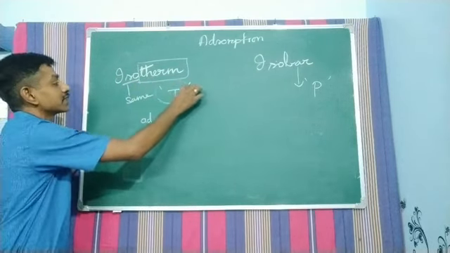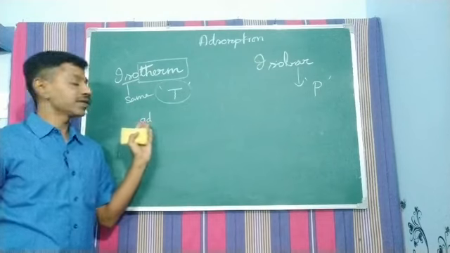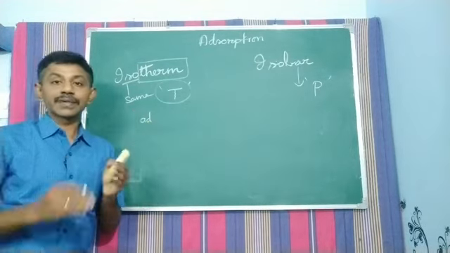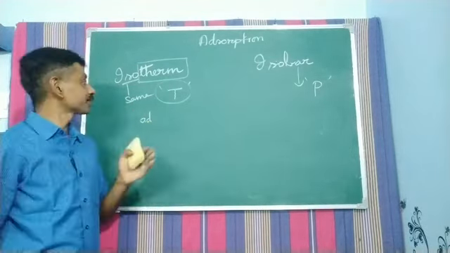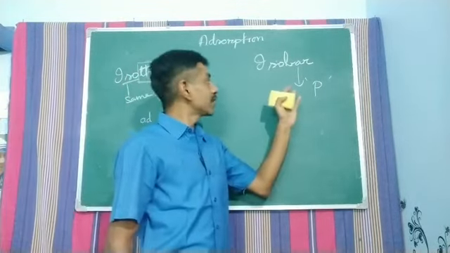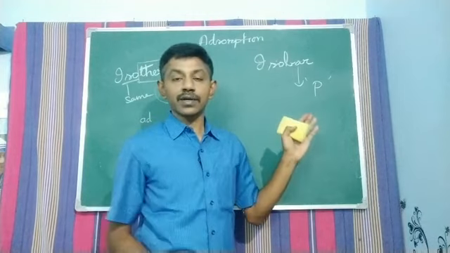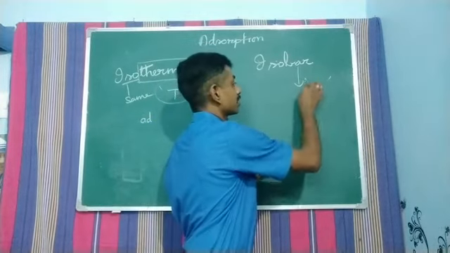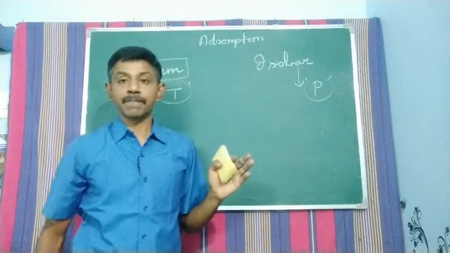We talk about the isotherm. Temperature remains constant. We are trying to find out the behavior of adsorption with respect to increasing pressure. That is isotherm. The next one we have to talk about is isobars. What are isobars? In isobars, the pressure is maintained constant.